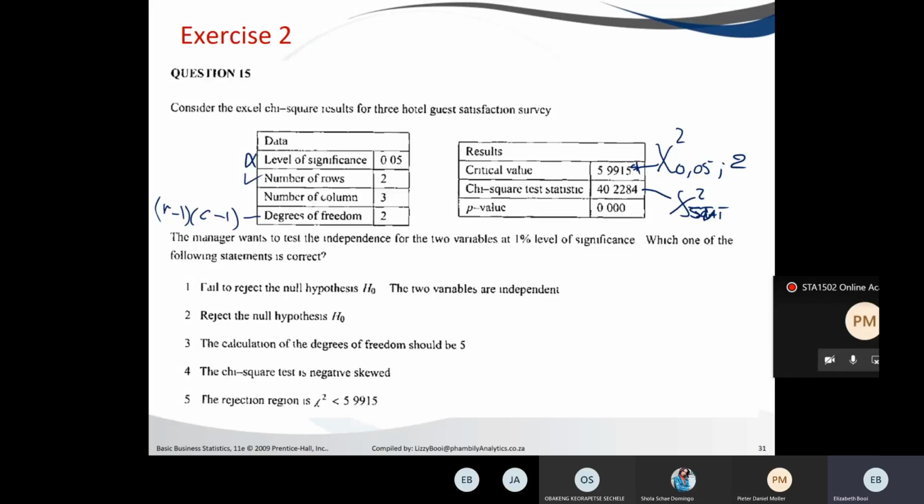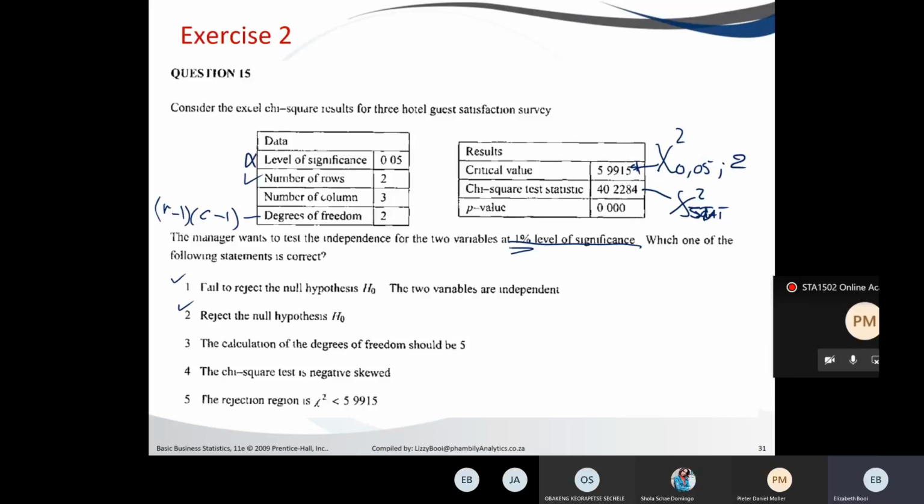Now when you have all this information, they say at alpha level of 5%. Now they say ignore the alpha that they have there. If the alpha now becomes 1%, which one of the following statements will be correct? The nice thing is they calculated your test statistic, so all you need to do now is to make a decision.